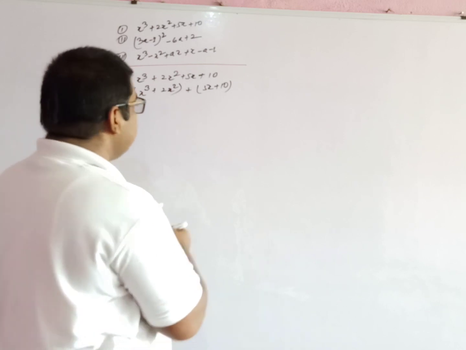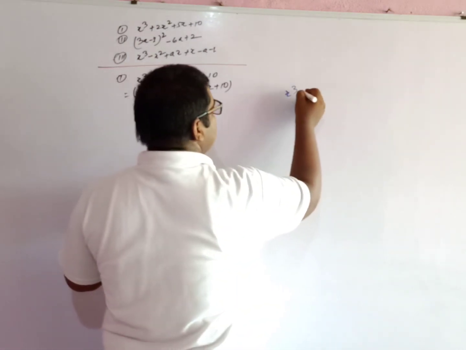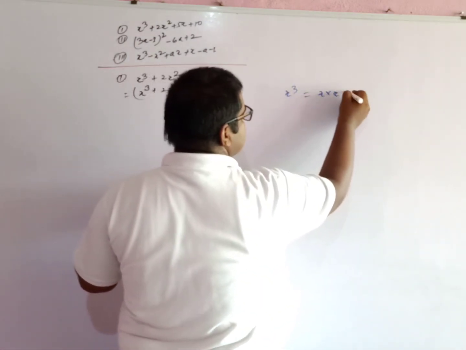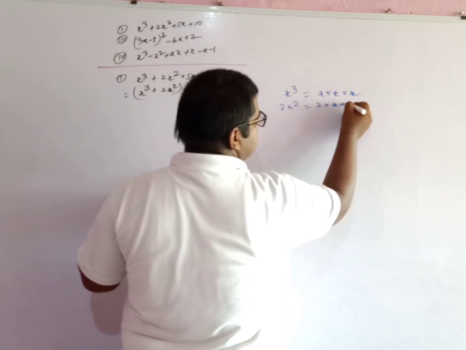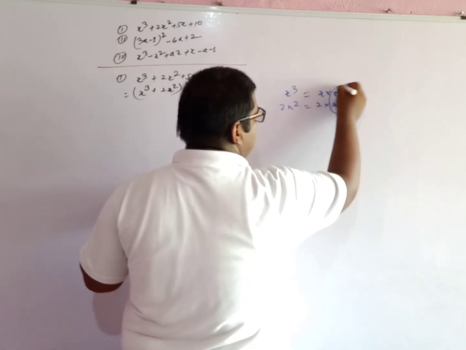You know very well that x cube means x into x into x, 2x squared means 2 into x into x, and what is common?